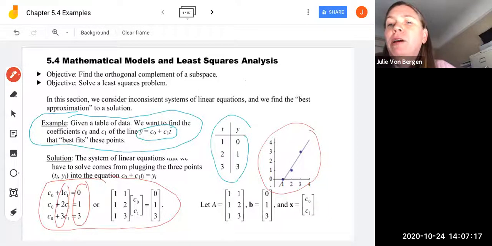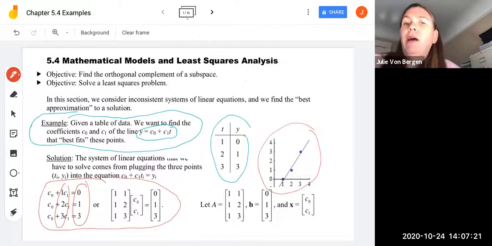We know from Chapter 1 that we can form a matrix with the coefficients and multiply that by C naught and C1 and put that equal to our y's, 0, 1, 3, as a column vector. And then we can solve that to find C naught and C1.